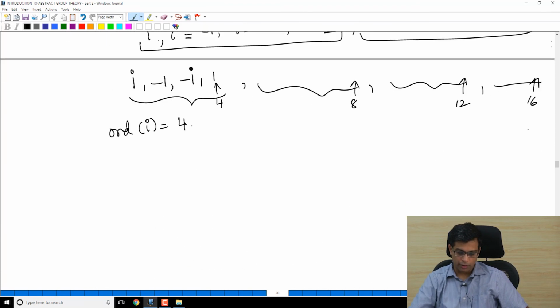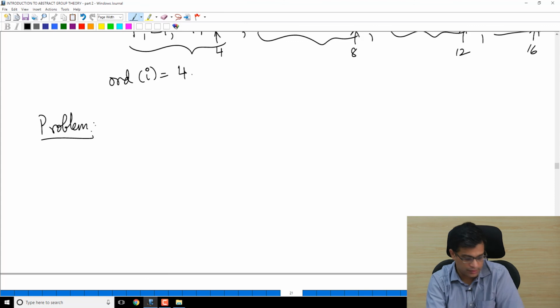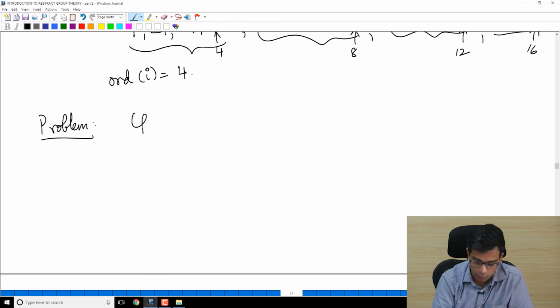Okay, so let me now end this problem by doing a related problem which exactly uses this, and also makes use of the notion of a group homomorphism.